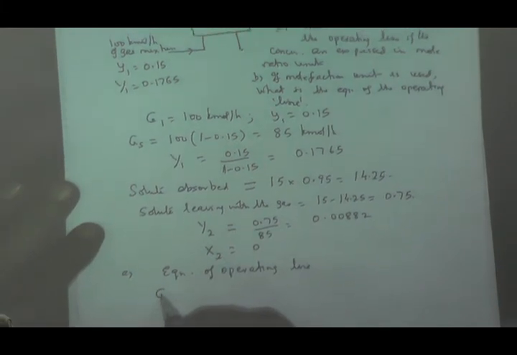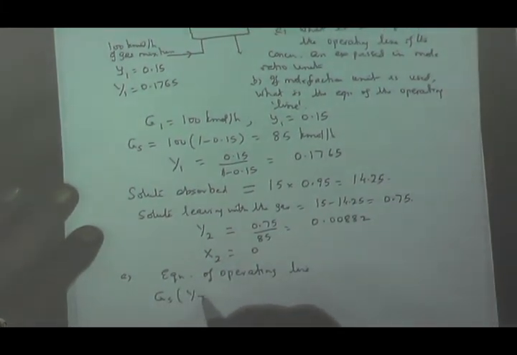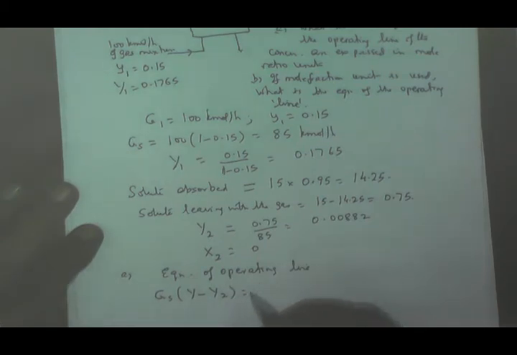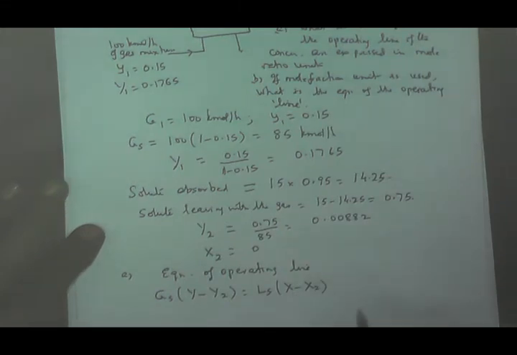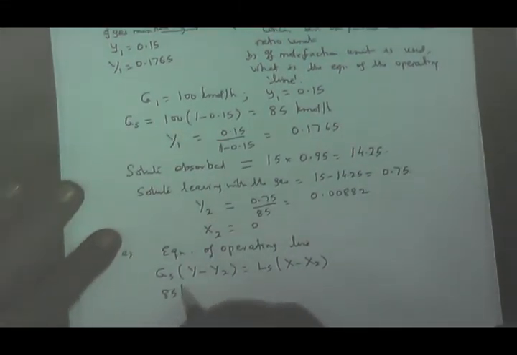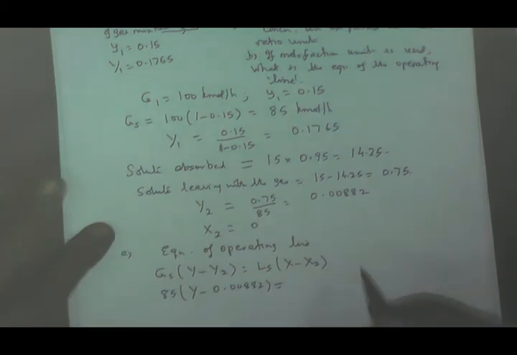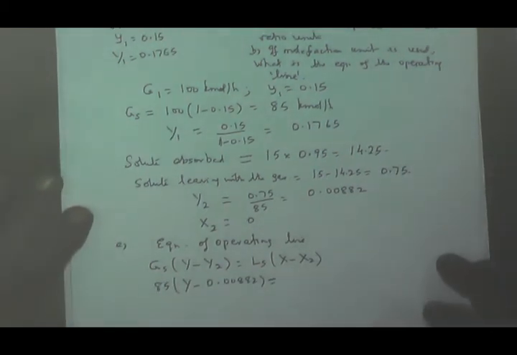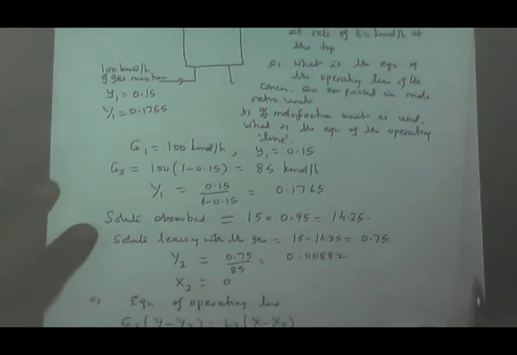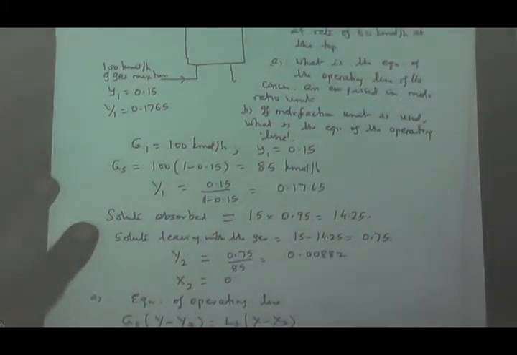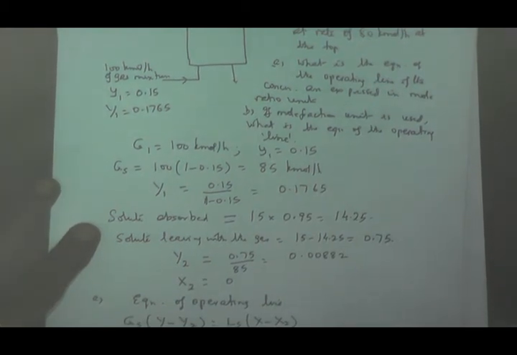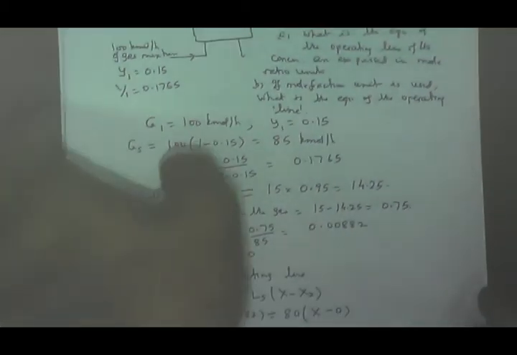Just use that equation, GS times Y minus Y2 is equal to LS times X minus X2. Just put in the numbers. So you have 85 times Y minus 0.00882, LS is how much? 80. 80 times X minus 0. So that is your equation.